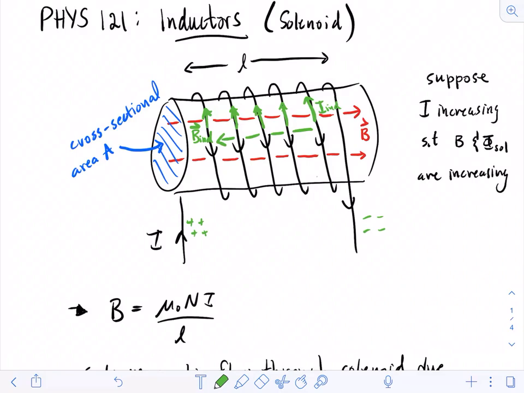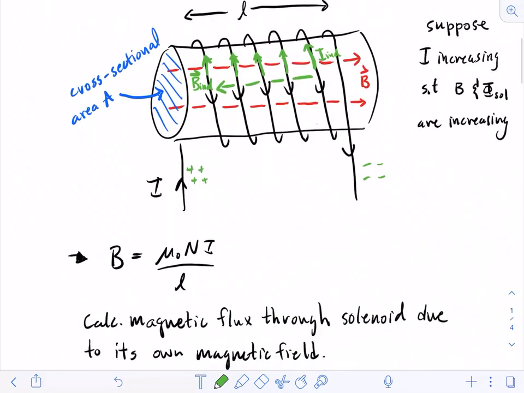And we know that electric fields point from high potential to low potential, so this is the high potential side, in this case, of an increasing current, and this is the low potential side.